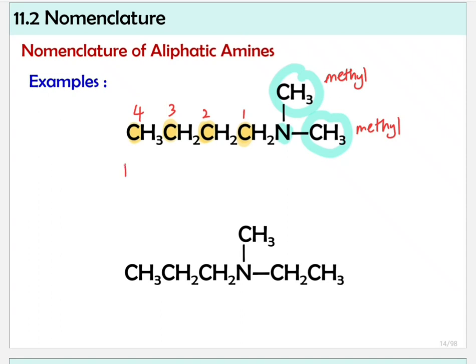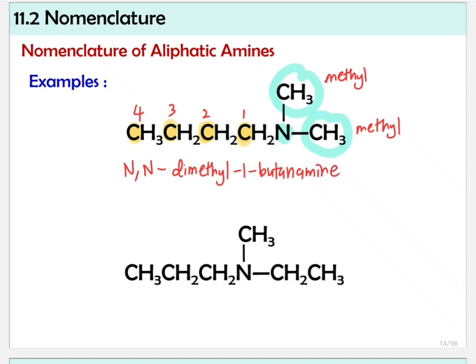Therefore, the full name is N,N. So you show that at the nitrogen there are 2 methyl groups. So, N,N-dimethyl, because there are 2 methyls. And then 1, then it has 4 carbons. So, this is butanamine.